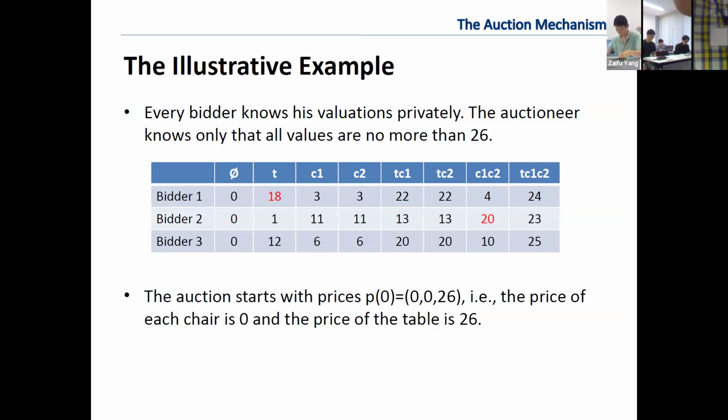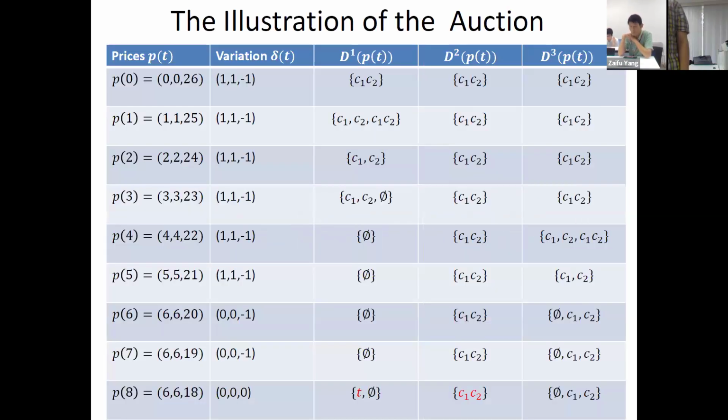Suppose we know this information. Of course, we don't know. So what the auction does is that for 2 chairs, we start from a very low price, and for the table, we start from a very high price, so that we will have this kind of situation.